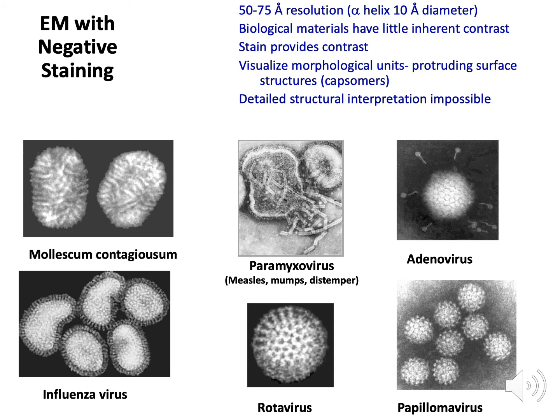That's not true of rotavirus or papillomaviruses or adenoviruses, which are icosahedral viruses, and they have a very defined structure, and they really do look the same generally from one to the next. That is not true of influenza viruses.